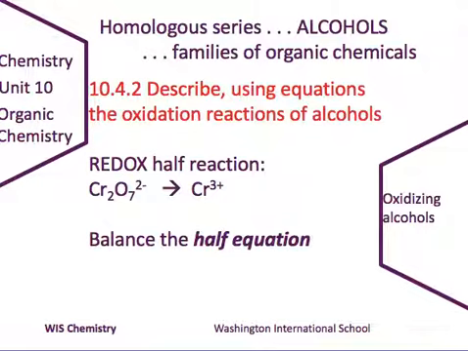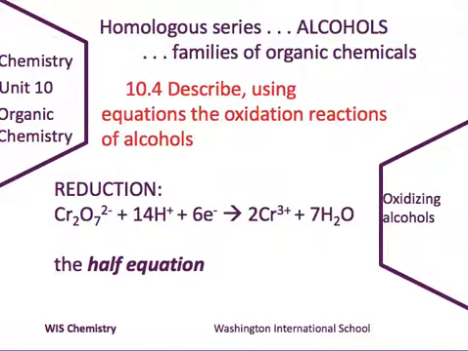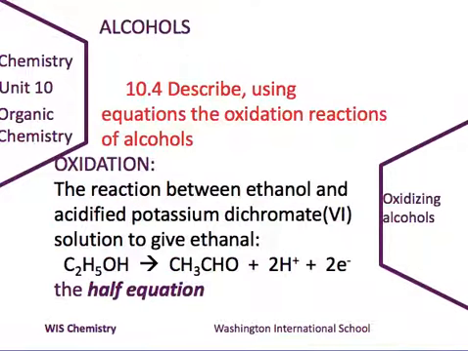And we're going to look at the redox equations. Here we have the dichromate going to chromium-3 ions, and if we write the half equation, it's acidified, so you've got hydrogen ions as well, and you need 6 electrons to balance. For the oxidation, I'm just showing the oxidation of ethanol producing H plus and 2 electrons.